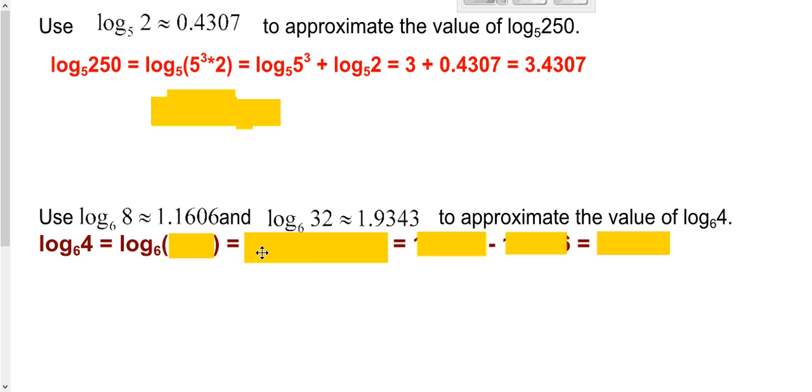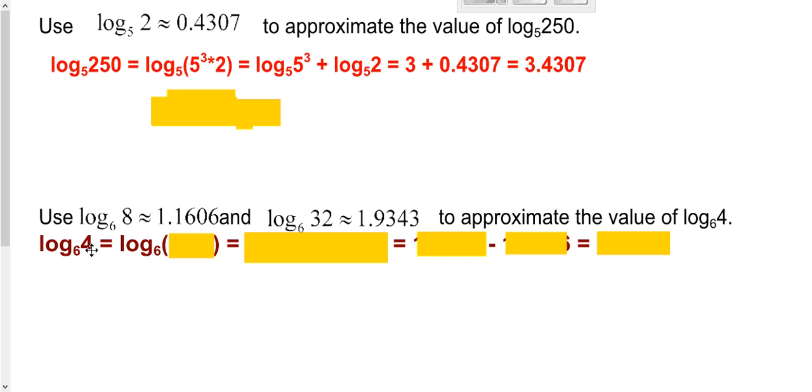Now, down below here, you're given information about log base 6 of 8 and log base 6 of 32. So you want to take a look at 4 and somehow try to rewrite 4 over here in terms of either 8s, 32s, combination of those, or somehow with 6s.